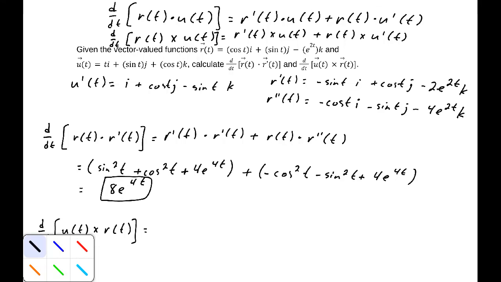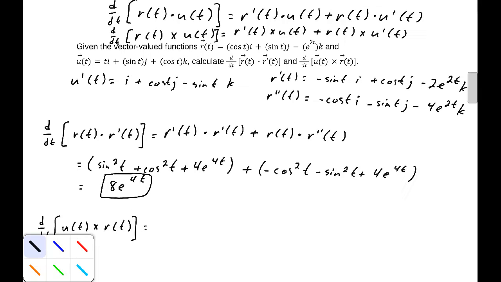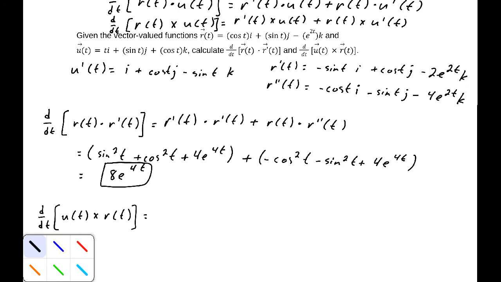Now, for the second part of this question, the derivative with respect to t of u of t crossed with r of t. I think of t as time, but really it's just a parameter of these functions, so I've got to correct myself.